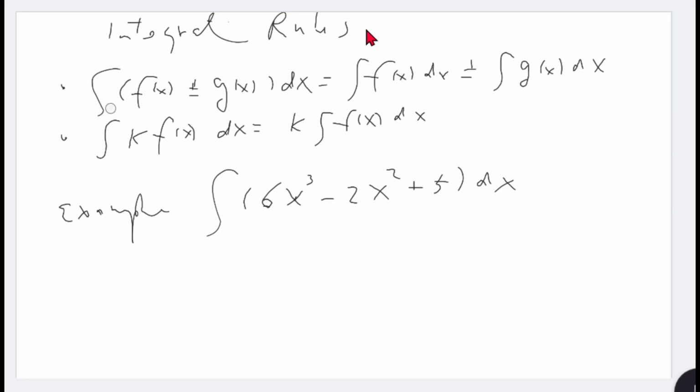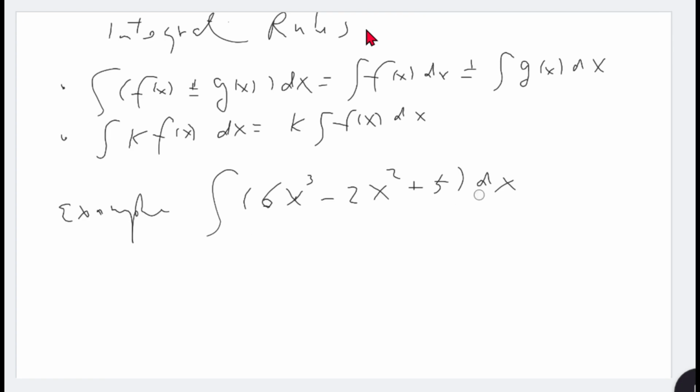So basically in a sum or difference, we can just integrate each individual term, two terms or even more. The second rule says a constant factor, like k, in a product can just be poured out. In terms of integration, we just integrate the function part and pour out the constant.